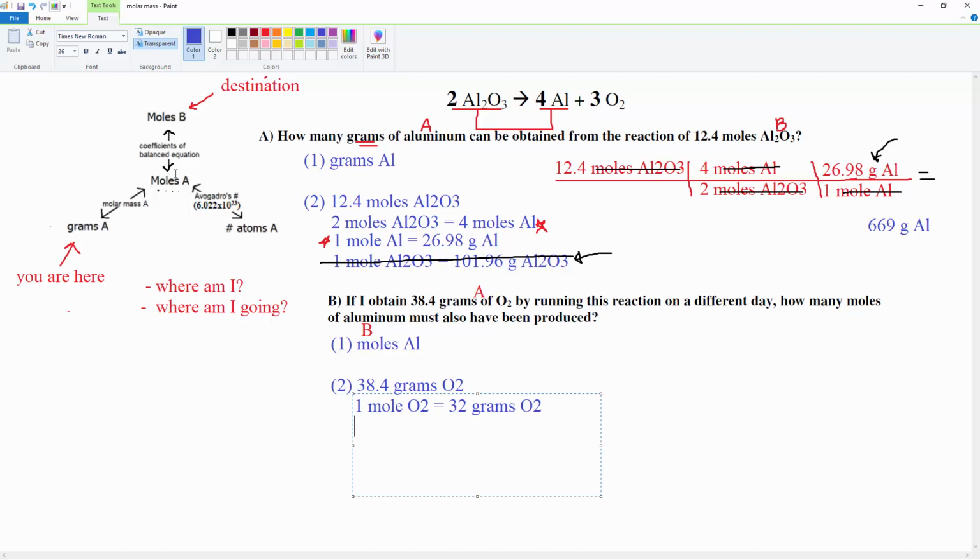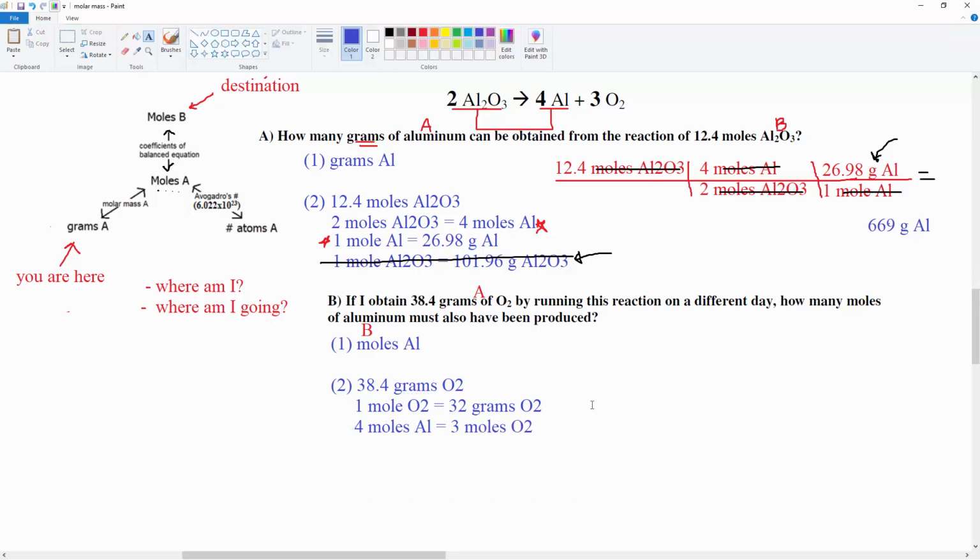What's the relationship here between the aluminum and the oxygen? Four to 3. Perfect. 4 aluminums and 3 oxygens are made in this equation. So if I make a certain amount of oxygen, I can predict how much aluminum. Okay, so 4 moles Al is equal to 3 moles O2.